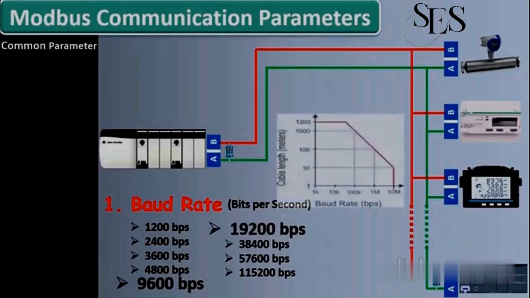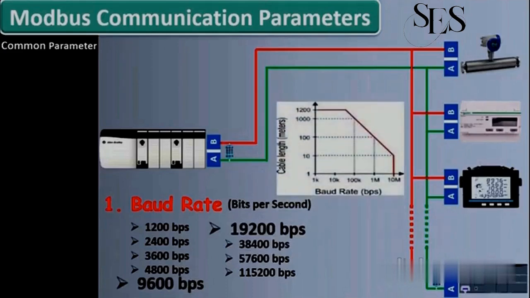Maximum cable length for Modbus communication depends upon its baud rate. The higher the baud rate, the shorter the length for smooth data transmission. For example, at 19600 bits per second, the cable length can be up to 1200 meters.